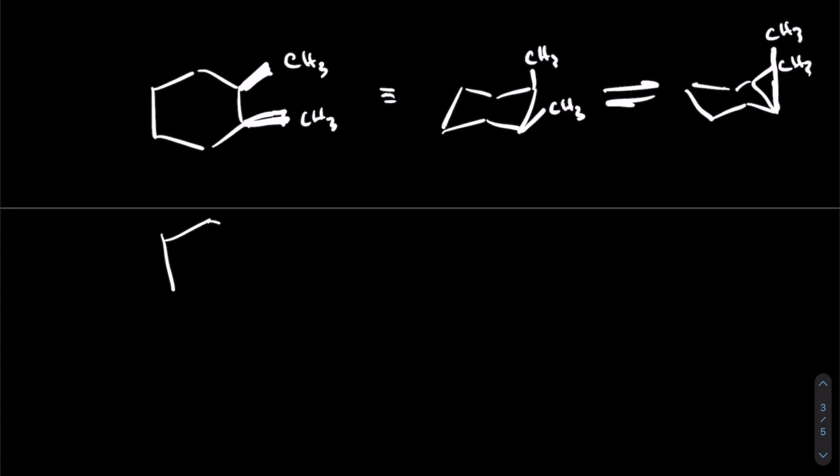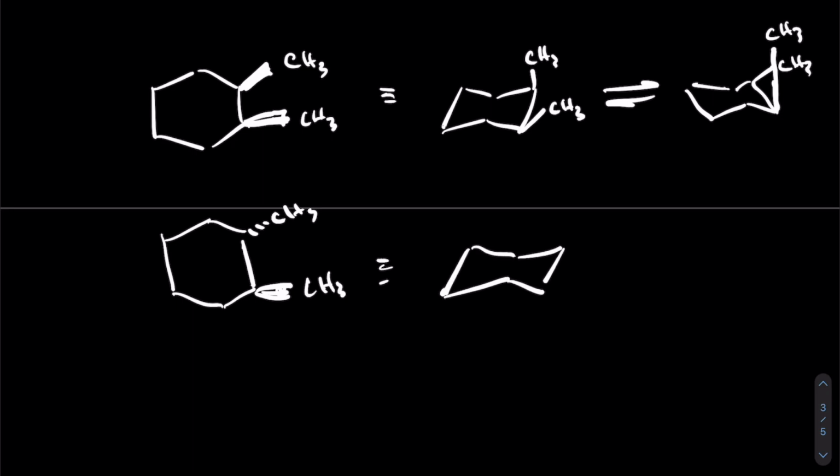Likewise, we can draw a chair conformation, and instead these can be trans to each other. And if we draw our chair conformations, what we see is in the trans configuration, the preferred position is going to strongly be them both in the equatorial position, because remember A13 strain, where this one is now down. Of course, what's axial is the proton, right? And this one is up. What's axial here is the proton.